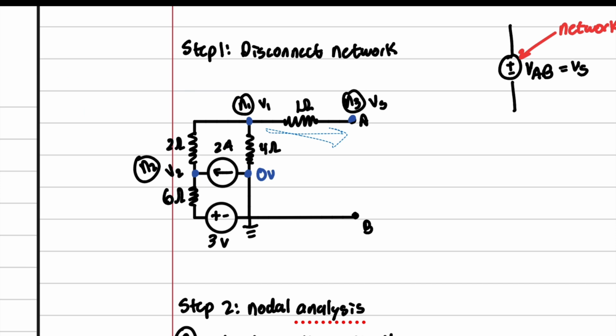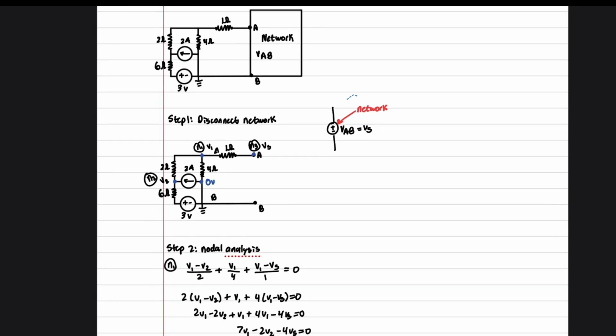So if there's no current through this, then this guy right here is all going to be like the same node. The voltage difference between them is the same, is basically what I'm trying to say. So if you want to simplify it like that, you can technically just put A and B right here. But I did that because it's easier for me to think of it like this.